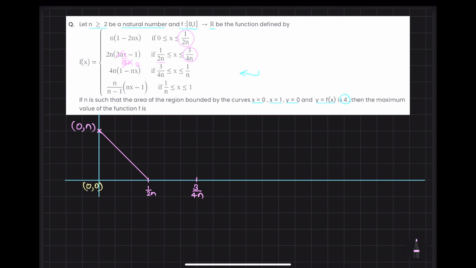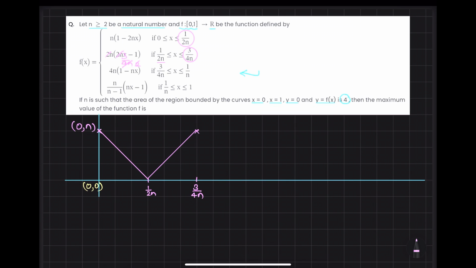So it will become what? 3 by 2 minus 1, which is 1 by 2. 1 by 2 into 2n is n. So at this point, we will be left with n. So again it will reach n. Okay. So done with this part.